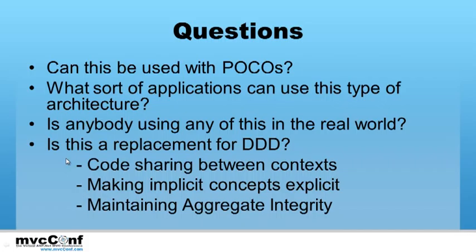I mean, if a contact has an address that is currently a string, and you suddenly decide that it can't be a string, it has to be a value object with 3 or 4 properties, such a change could require major changes in many other parts of the application.